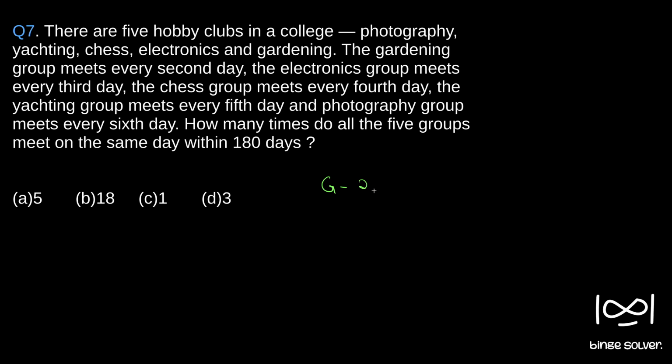Gardening group meets every second day, and the electronics group meets every third day, and chess group meets every fourth day, and yachting group meets every fifth day, and photography group meets every sixth day. So if you find the LCM of these numbers, you will get the day at which they meet together.